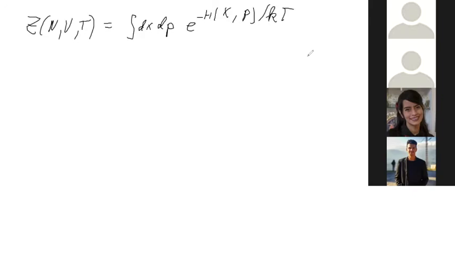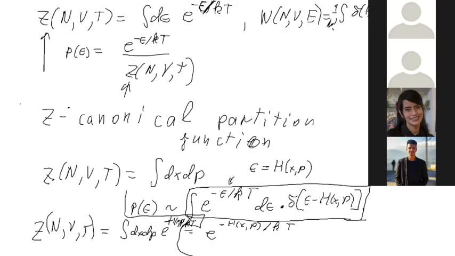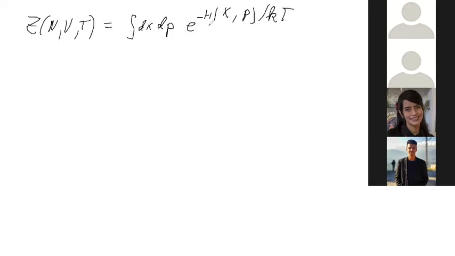Now you can see that this expression with the delta function is a lot like the expression with the exponential, right? One was giving us the partition function of the microcanonical ensemble. Now we have the partition function of the canonical ensemble.